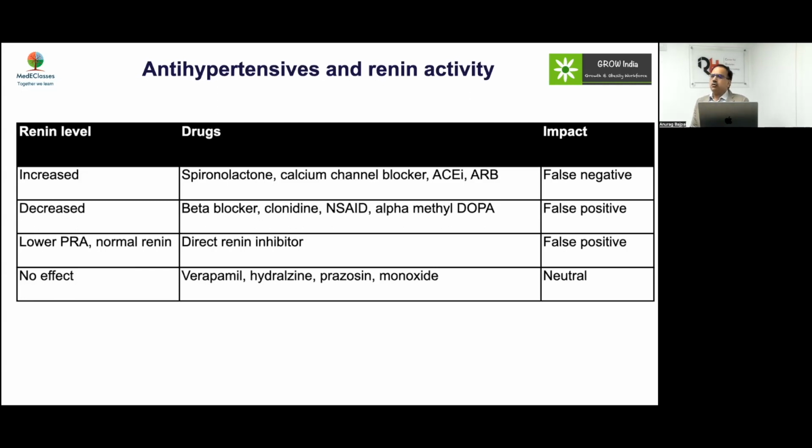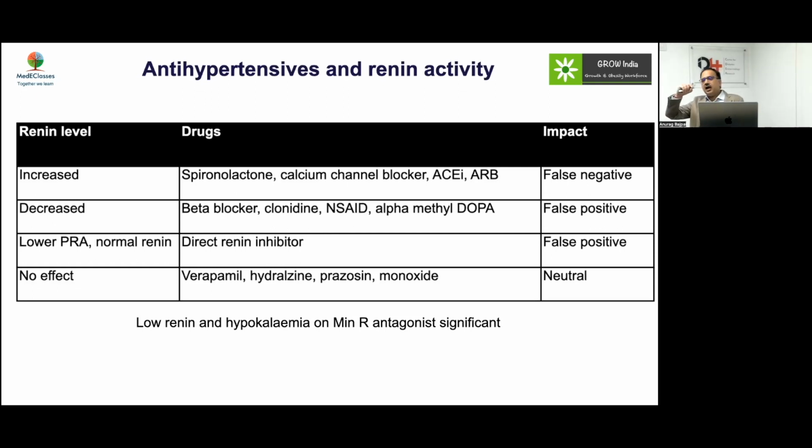We shift them to drugs which do not affect these ratios, which could pretty much be an alpha blocker like prazosin or a calcium channel blocker like verapamil. So prazosin is a good drug to start off with. Now, very importantly, if somebody is on spironolactone, ACE inhibitor, or ARB, you expect them to develop hyperkalemia.